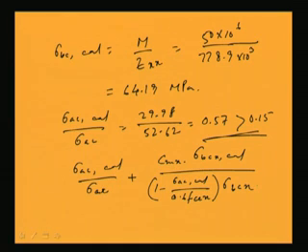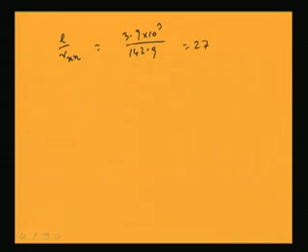Now we have to put the values of all details. Here L by Rxx we know as 3.9 into 10 cube by Rxx, which was 142.9. So this is coming 27.29, which is basically lambda x.